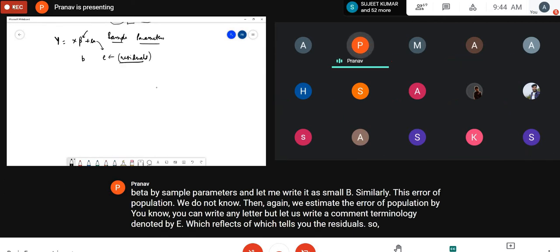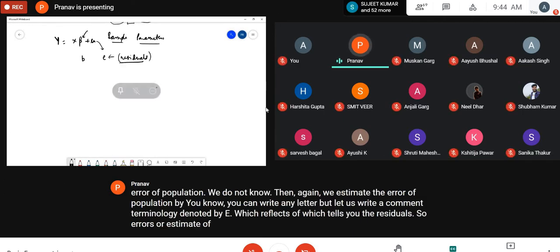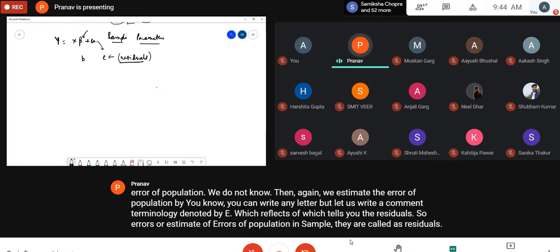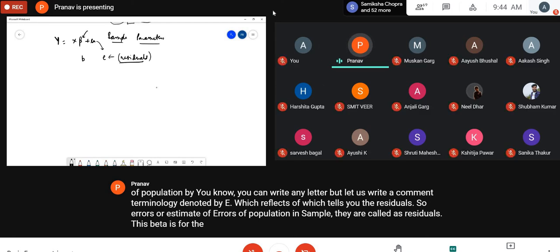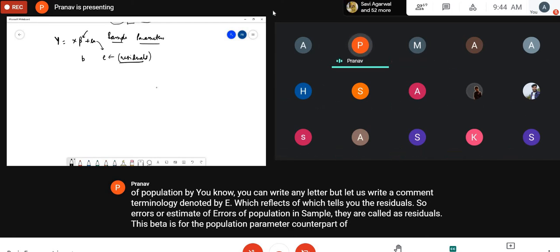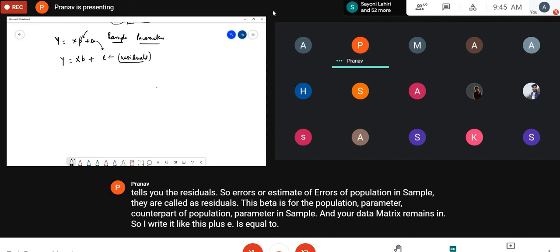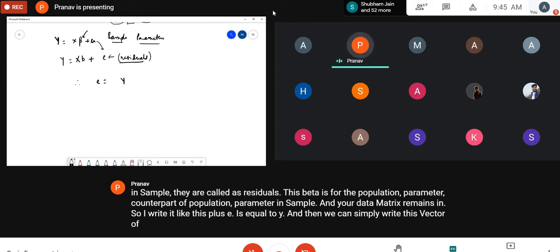So errors, or estimates of errors of the population in the sample, are called residuals. This b is the counterpart of the population parameter in the sample. And your data matrix remains the same, so I write it like this: y is equal to xb plus e. And then we can simply write this vector of residuals e as y minus x times b.